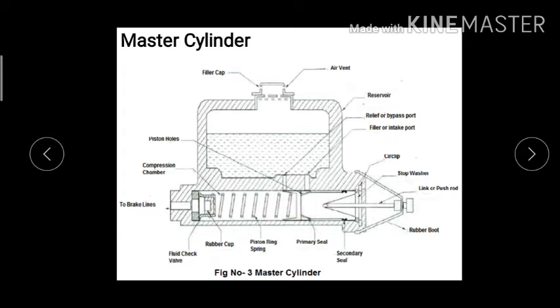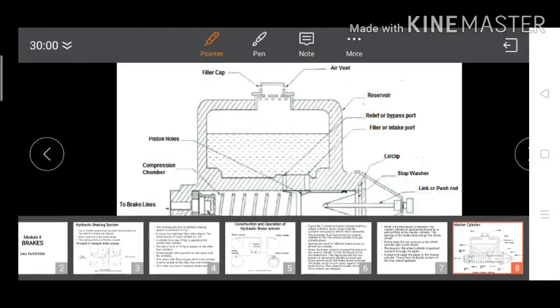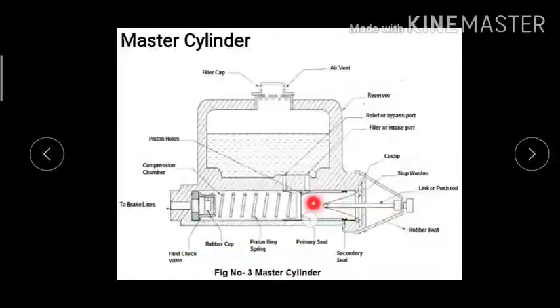Now the inner face of the piston presses against a rubber primary seal, and this prevents leakage past the piston. This is the primary seal, which does not allow leakage from here to here. There is one more, called the secondary seal, which prevents the fluid from leaving the master cylinder.